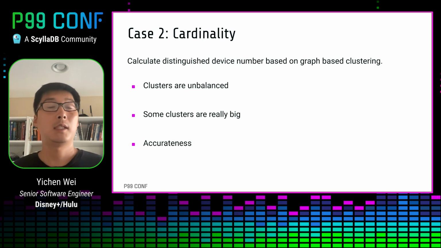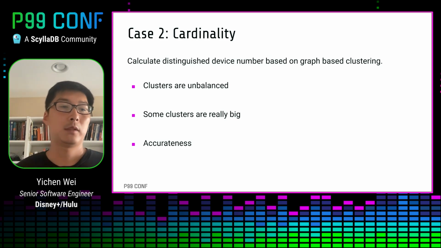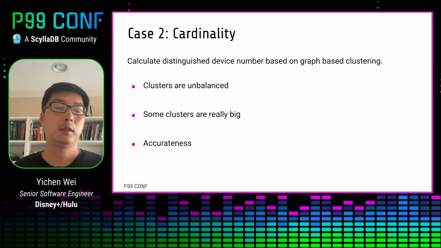And the data in each cluster is unbalanced. Also, we just do it for some analytics, so we don't need very accurate data. On the other hand, we want to limit our cost as well as improve our performance for this kind of analytics.